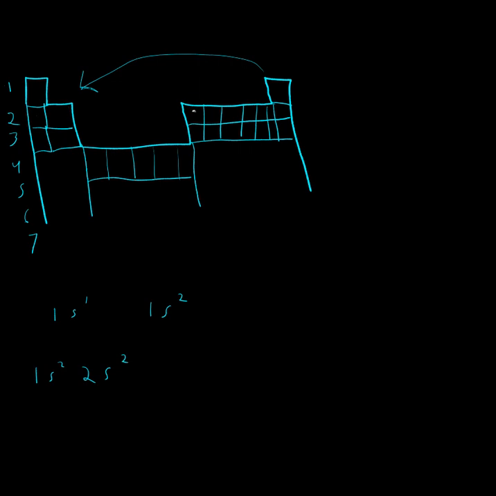Then you'll go over here, and so now you have 2p1, then 2p2, then 2p3, all the way over. You get to neon. That'll be 2p6, right there. And so now we drop down a row.